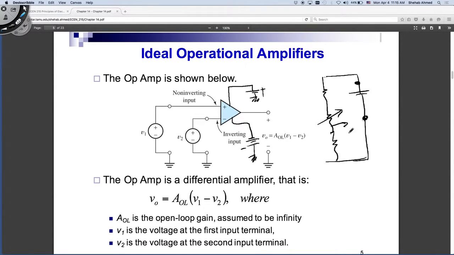Can the output here across this resistor, V output, be negative? Or is it going to be a portion of the input voltage? This is R, R, R. The output is going to be V input times R over 3R in this circuit. So the output can never be negative, right?